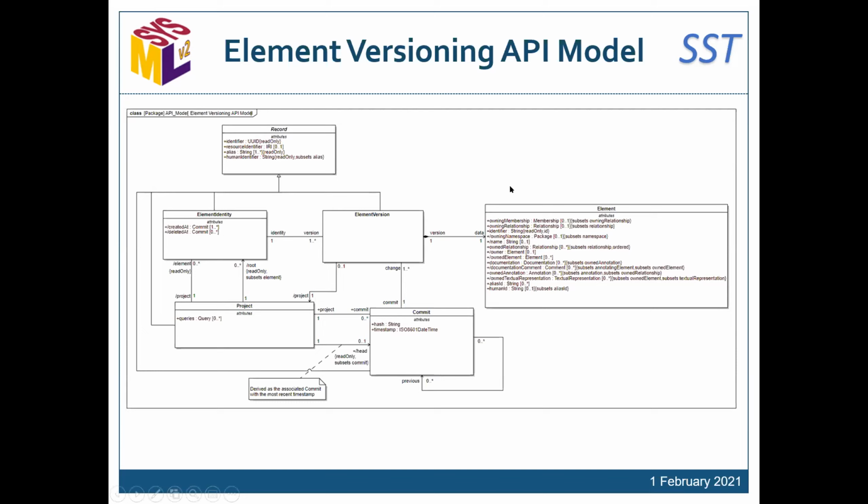That element identity can have many versions, and each version wraps some data for that element, and the data changes from one version to another. What's really cool is that I can look at a vehicle, a part, a single element, and say, show me all the versions of this specific element using the API, which will be really cool because then you can say, well, this is the history of that one element.